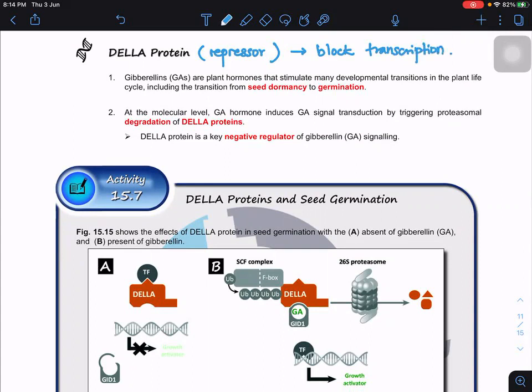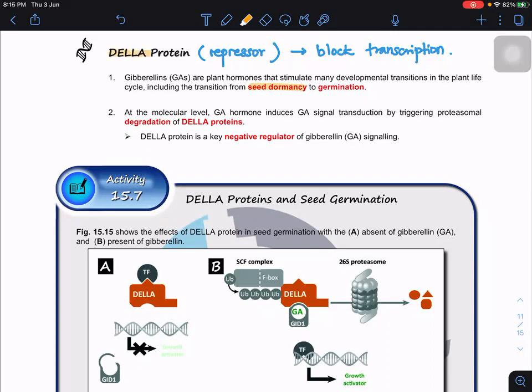For example, this DELLA protein is very important when seed dormancy takes place. What does seed dormancy mean? Seed dormancy means that they have to reduce the activity, protect the seed, and not let the seed germinate.